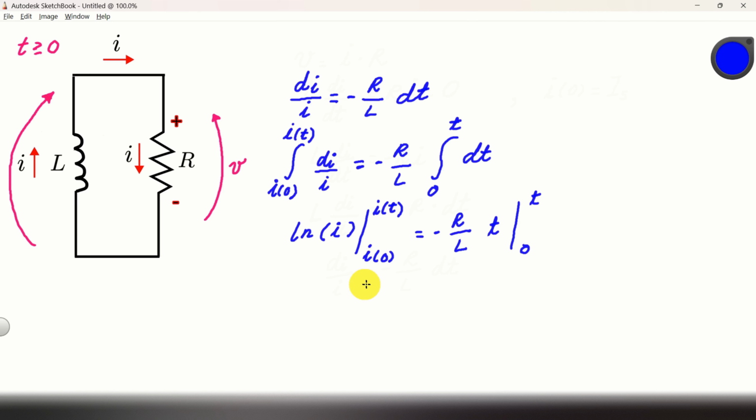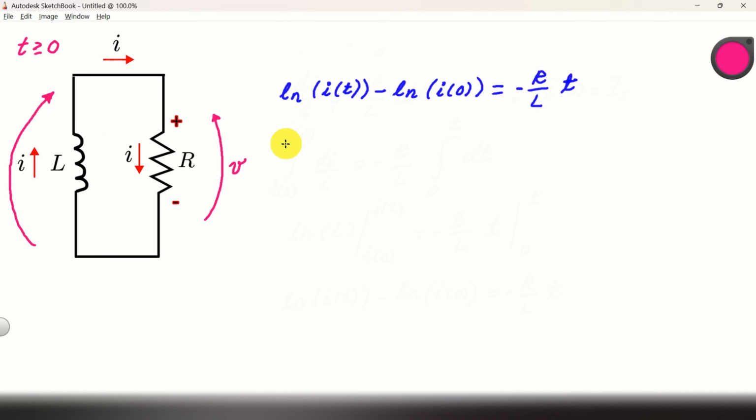So let's see what we have on the left hand side. We have ln of I of t, and then minus ln of I of 0, and this is equal to minus R over L multiplying time. We can write this equation like this.